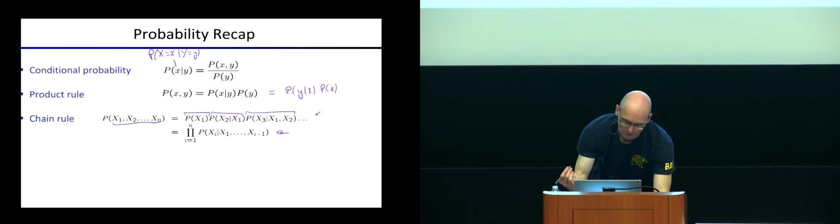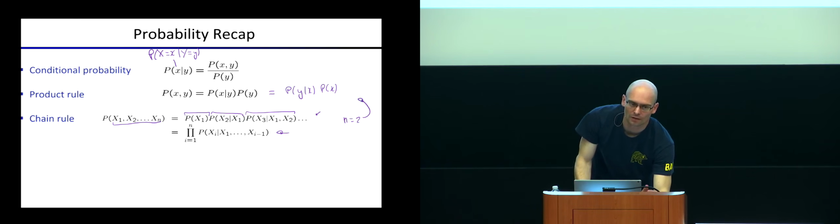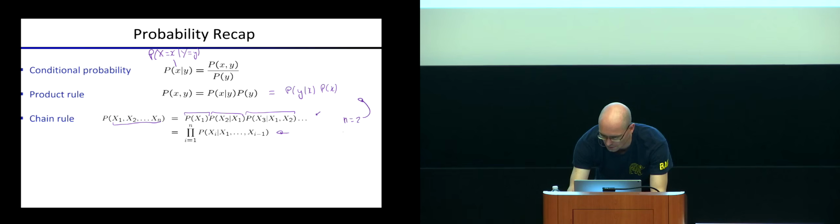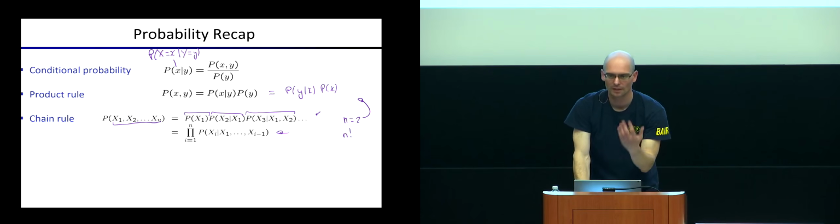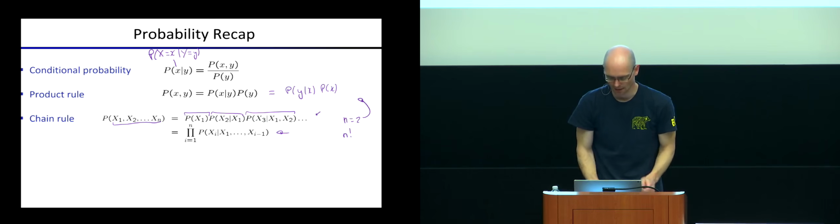If you had only 2 variables, n equals 2, it becomes this thing over here. For n equals 2, there are 2 ways of doing this: you start with x or you start with y. When you have n variables, you have n factorial ways of writing out the chain rule. And depending on the problem you're solving, one way of ordering the variables might be more beneficial than another.